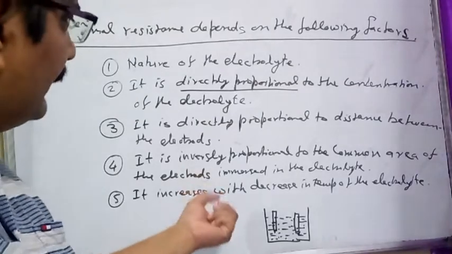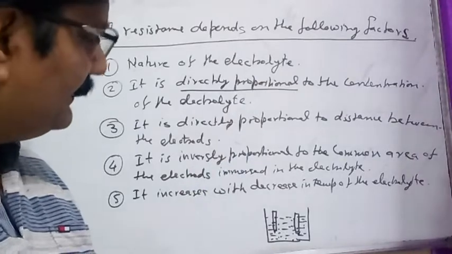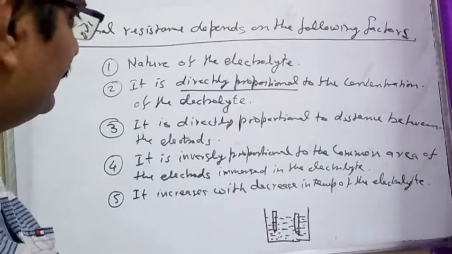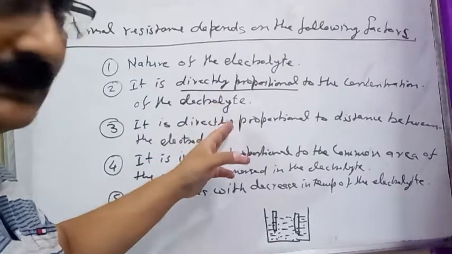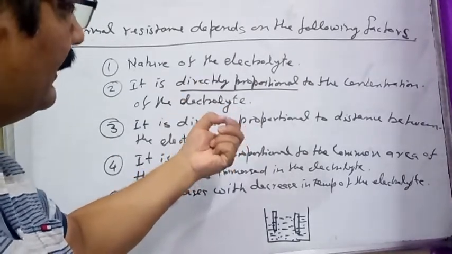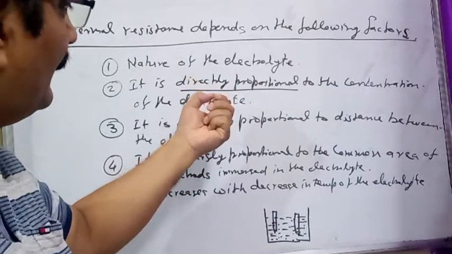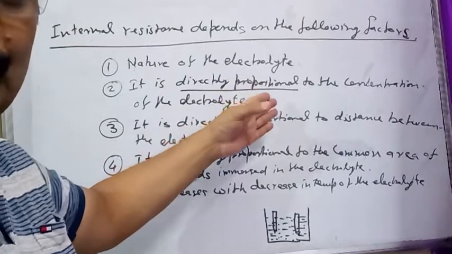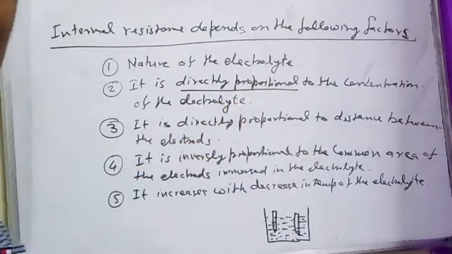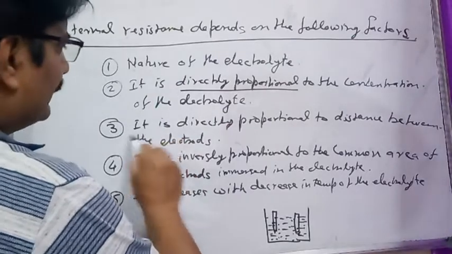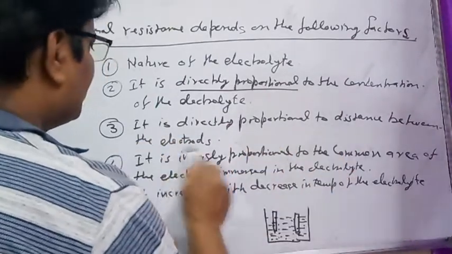So as addition of distilled water in the electrolyte of lead accumulator or lead battery, the concentration of electrolyte decreases and internal resistance decreases, and that inverter or the battery starts providing sufficient amount of current due to decrease in the internal resistance. Third factor, it is directly proportional to the distance between the electrodes.